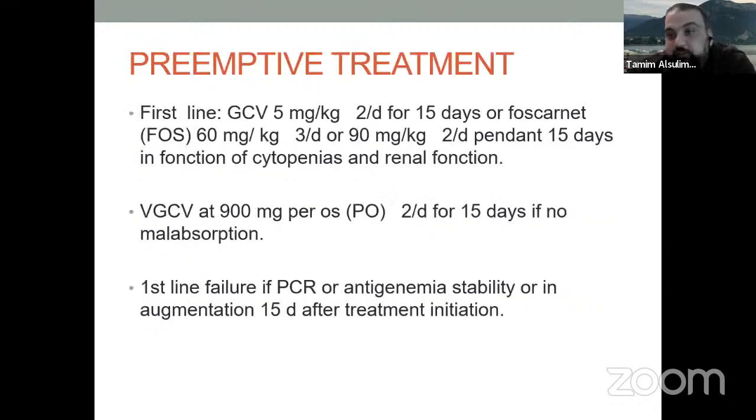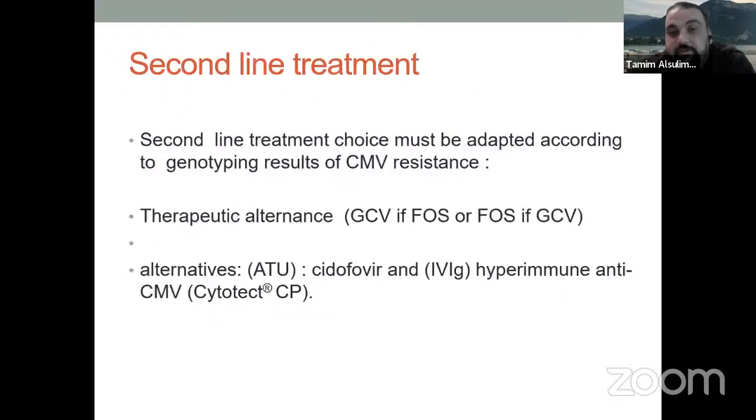How to treat, Dr. Al-Zahrani has illustrated. For the preemptive treatment, it was GCV. For the first line, VGCV can be used also. Failure is the stability or the increase of PCR 15 days after a good treatment initiation.